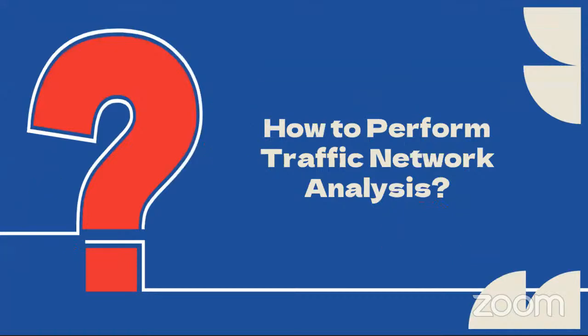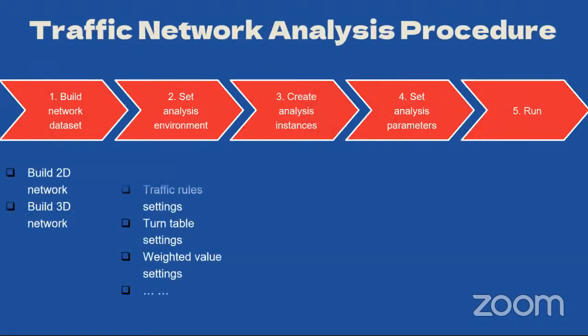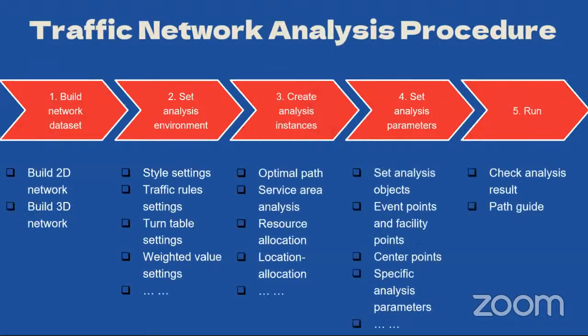So how do we perform a traffic network analysis? This is the procedure, where in SuperMap the basic steps to execute any type of network analysis are as follows. First, we need to prepare the network or build a network dataset, which can be built in either 2D or 3D.